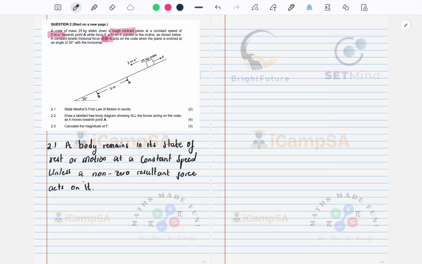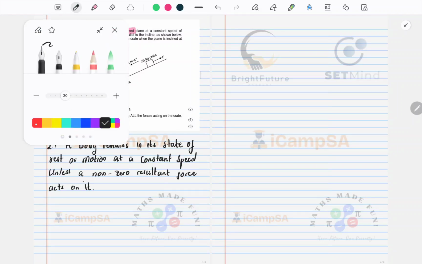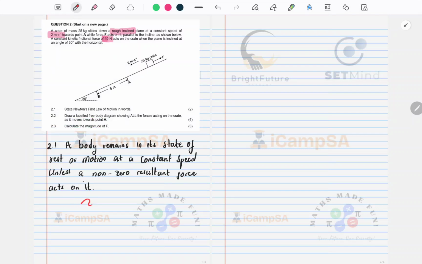Okay, let's use another color. So for a free body diagram, we're going to use dot notation. So that means we're going to have our dot here.